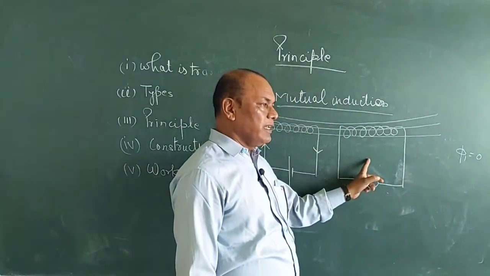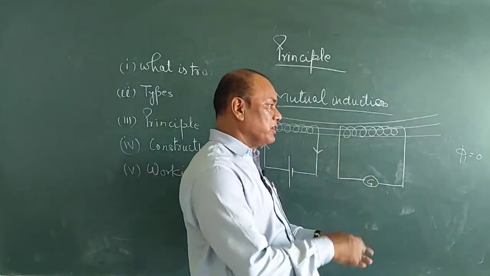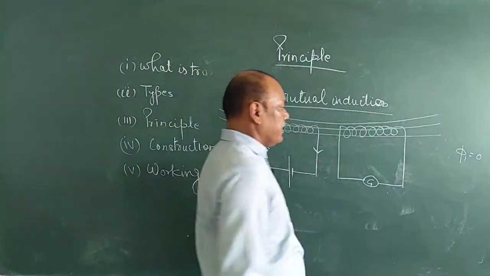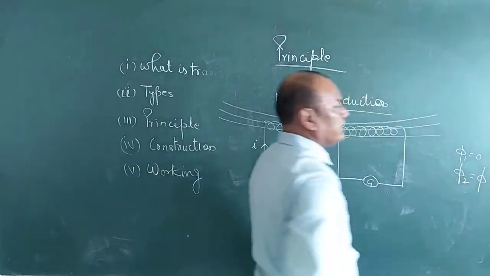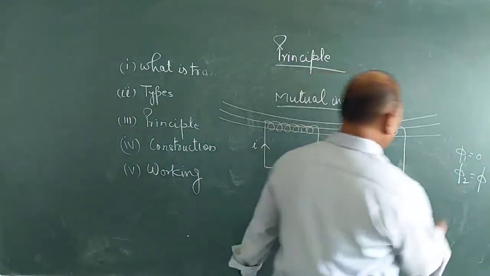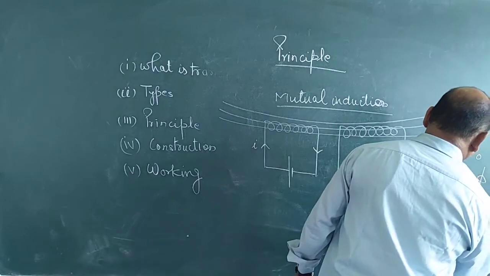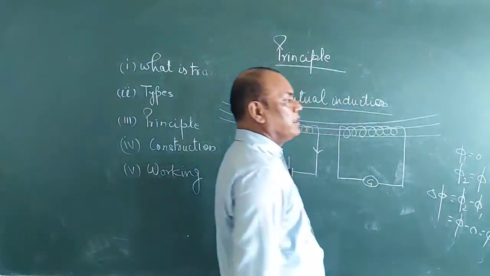And if suddenly this secondary coil is brought into the magnetic field lines of the primary coil, then its magnetic flux becomes phi. Therefore delta phi is equal to phi 2 minus phi 1, so phi minus 0 is equal to phi.